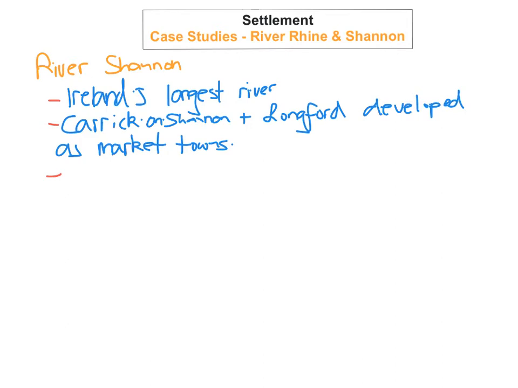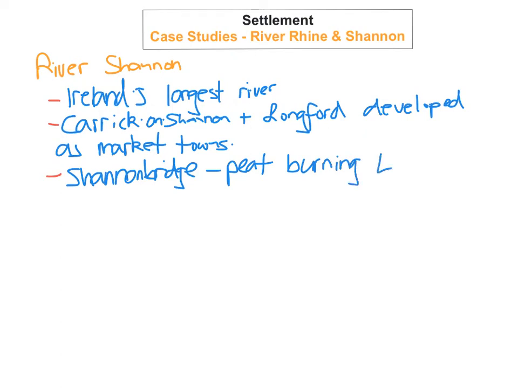At Shannon Bridge, it's a resource-based settlement, and basically this is used for the peat burning, the ESB power station. So you have the peat, which is burning, at the ESB power station.